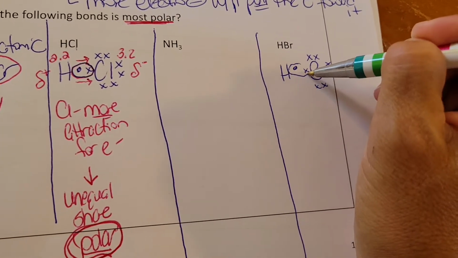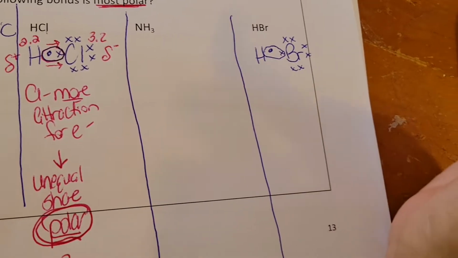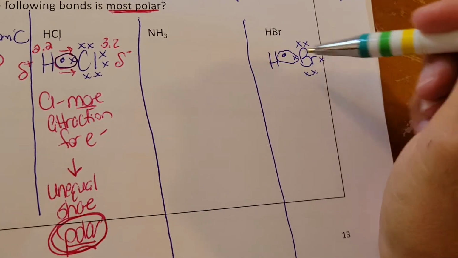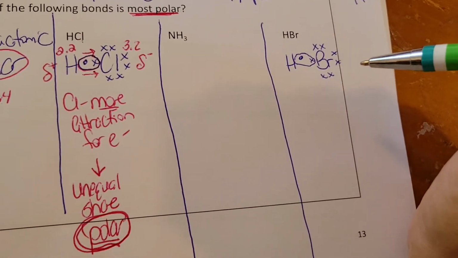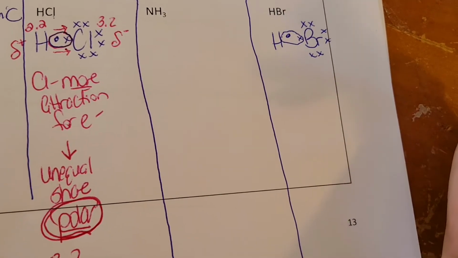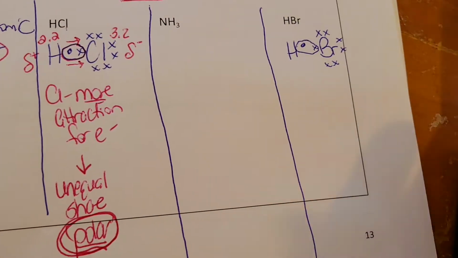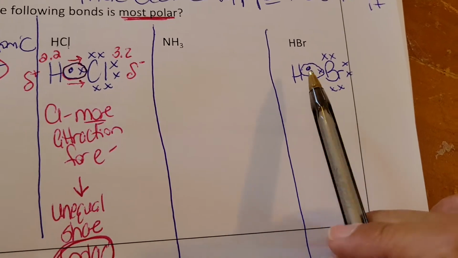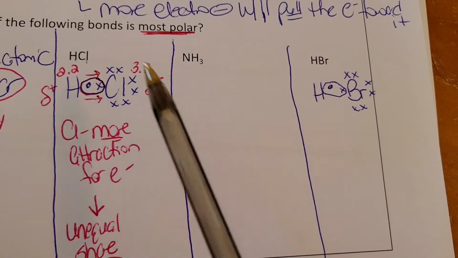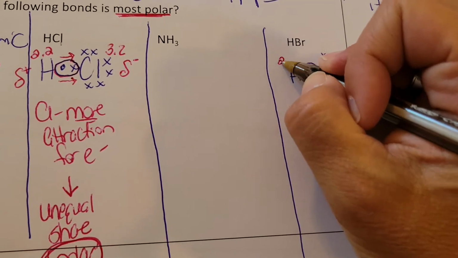They're going to share. So if you had to guess, this one has 7. It's going to want to attract that electron more than the hydrogen because it's got 7. It really wants the one more. If I look up their electronegativities on the table, hydrogen, we know from the last one, has 2.2.